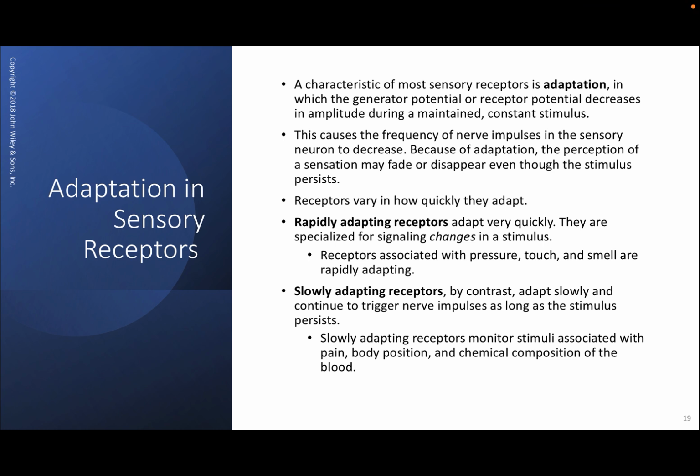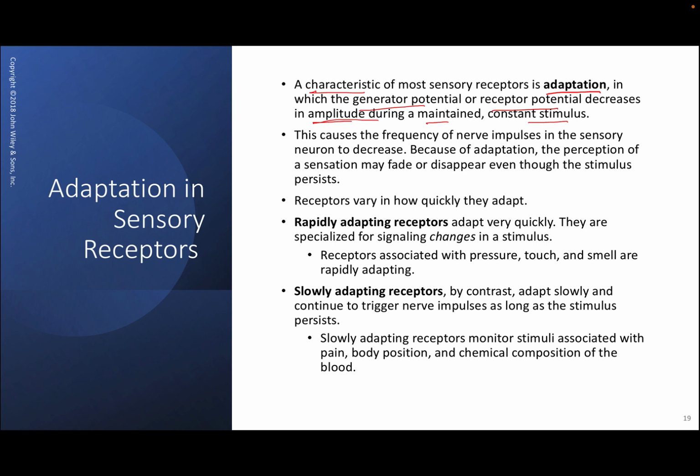With these sensory receptors, we also have this really neat characteristic, which is this idea of adaptation, where a generator potential or a receptor potential decreases in amplitude during a maintained and consistent stimulus. So the stimulus is still present in the same amount, but we suddenly have a decrease in the frequency or the amplitude of these receptor potentials being generated.